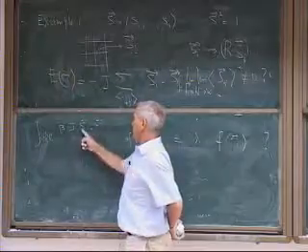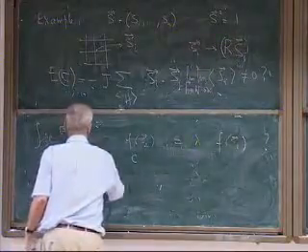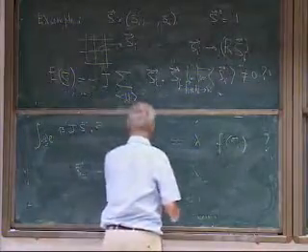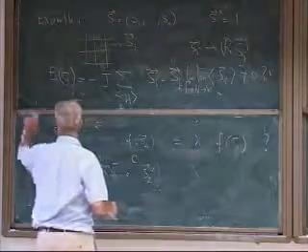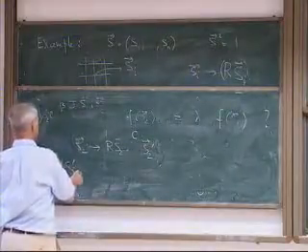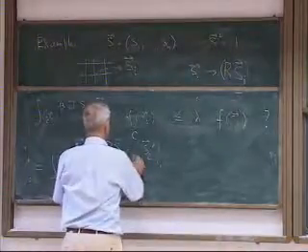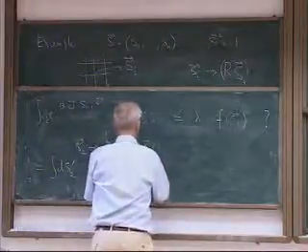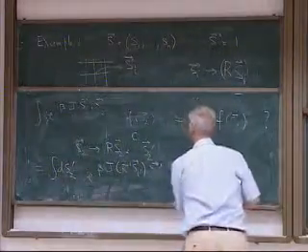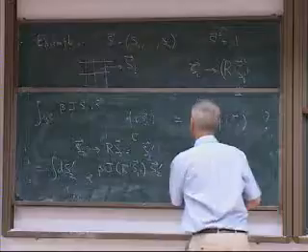If I change S2 to RS2, in which R is a rotation, the measure ds2 is invariant, and we get exponential beta J, R minus 1 S1 times S2, times F of RS2.